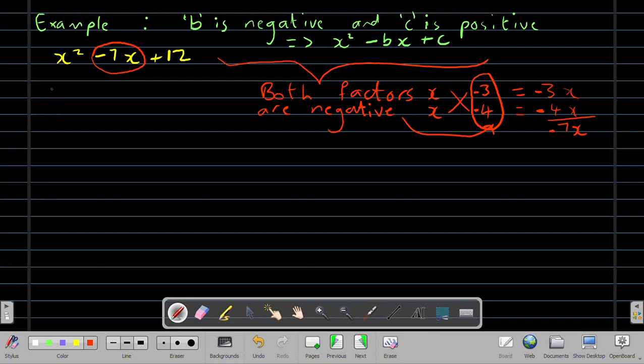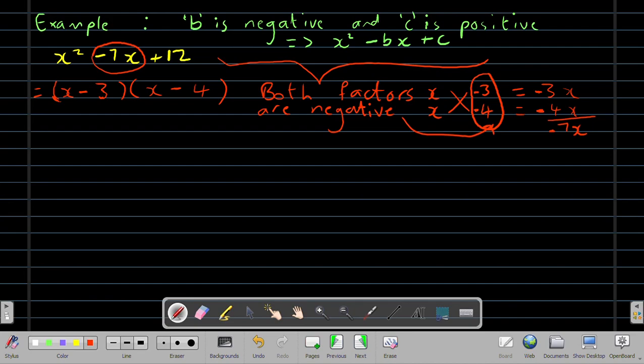All right, so how that works in practice, we do the same thing we did before. We open up our brackets here. And since they're both going to be negative, we just put the negative here. We put our x's here and here, and our factors here are going to be 3 and 4, and just like that, it's factorized.